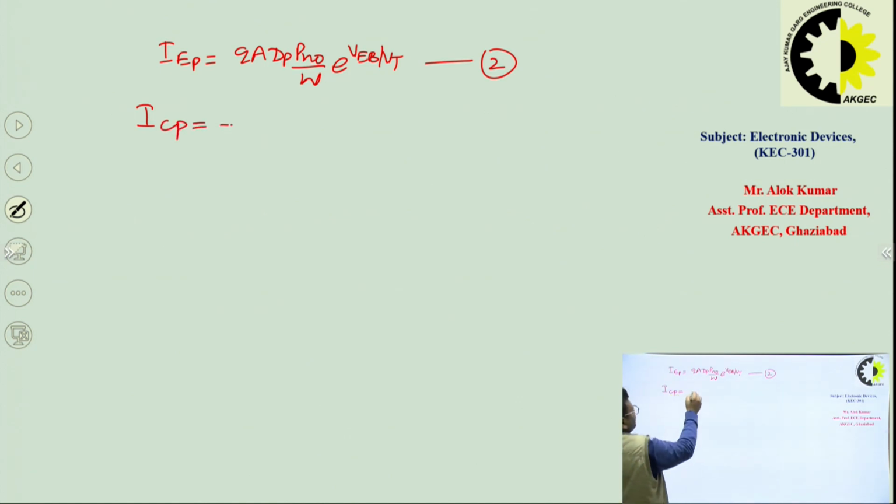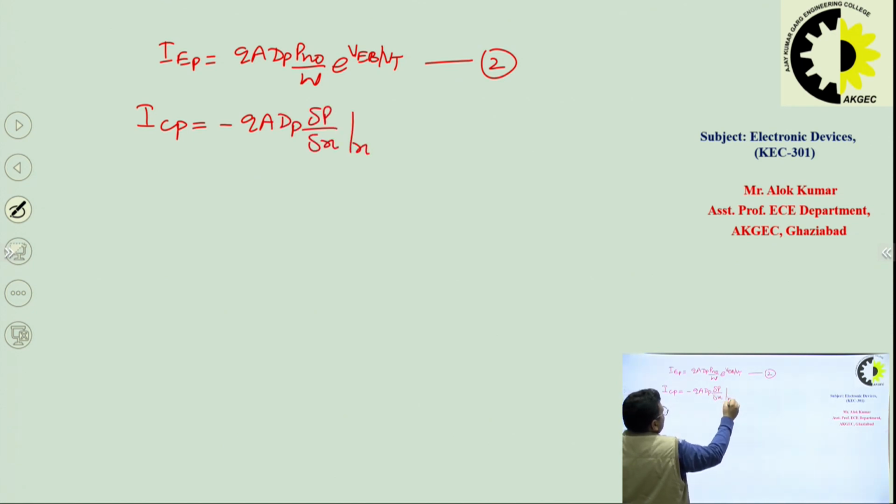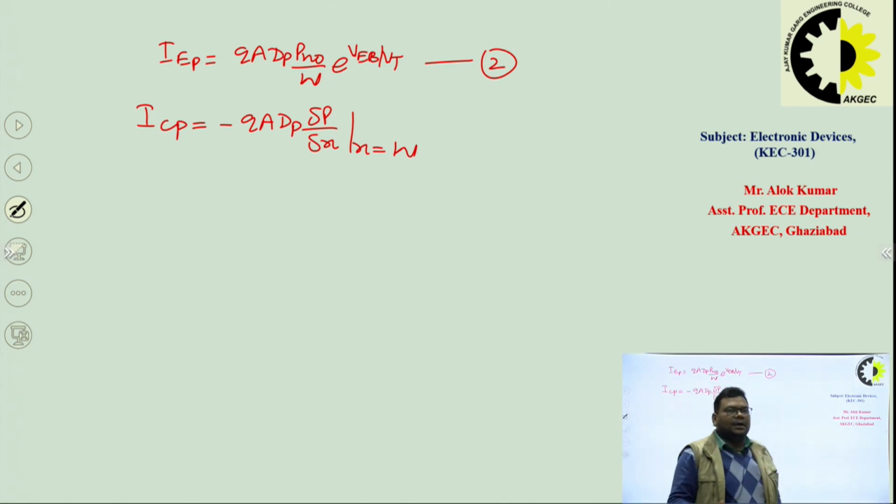Now we can find the value of ICP. ICP can be given as minus q times A times Dp times del P over del x at x equal to W. And because IEP, that is emitter current, is approximately equal to the collector current, we have already considered base width is very narrow, we have already taken it low.